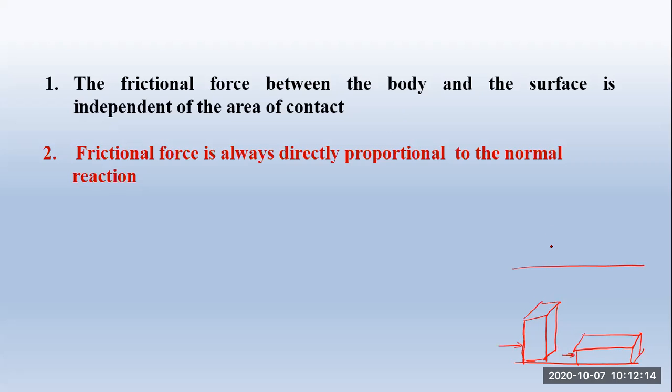If you have some object and you are trying to pull it, if you apply some force you can pull it. Some normal force is acting between this surface and the object, and you are pulling this object by applying some force. Now suppose a person sits on this box.